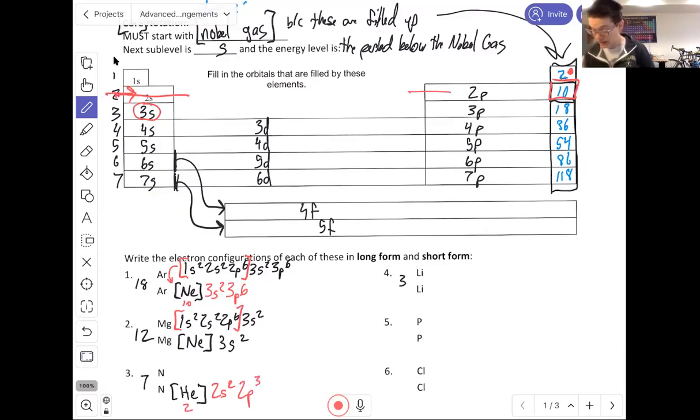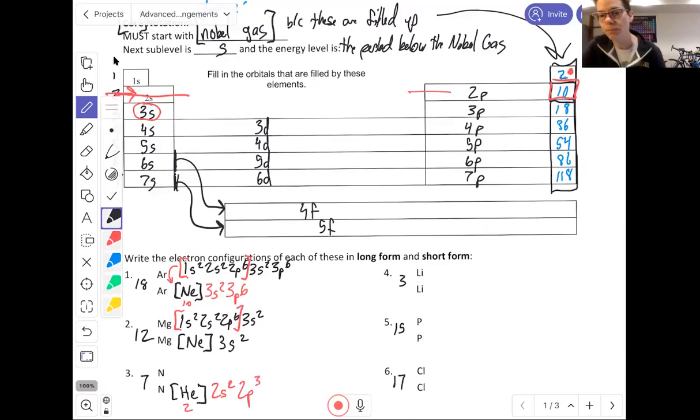So if I'm looking at phosphorus and chlorine, phosphorus is 15 and chlorine is 17. What noble gas should both of those start with? Neon.